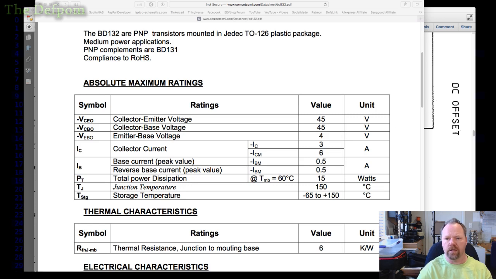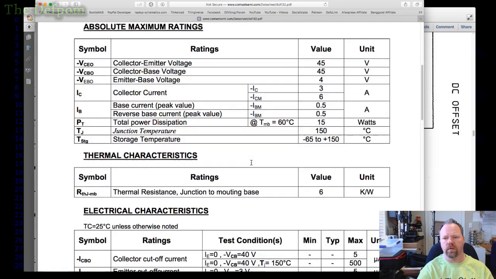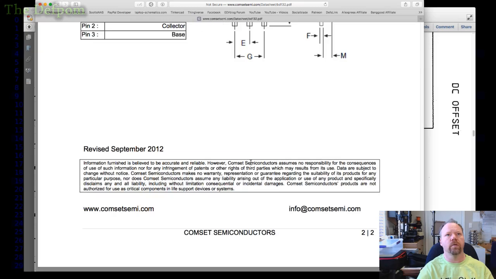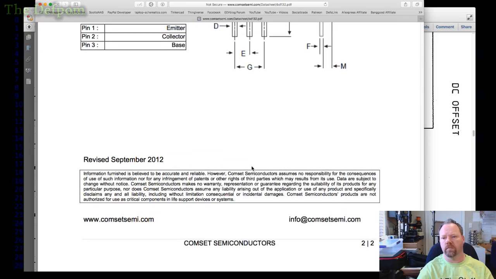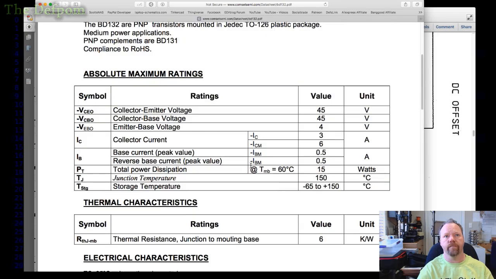BD139 is the NPN, so I want the 140, which would be complementary. That's the PNP. Let's see if they compare. The specs are similar, I might swap it on. Emitter is pin 1. I think that's what I said, wasn't it? Yeah. Pin outs are the same.